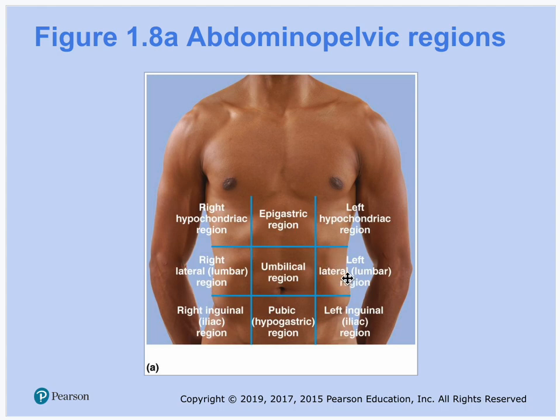Lateral means to the side, medial means to the midline. And down here we have inguinal and iliac. Inguinal refers to right along the crease between the thigh and the abdomen. So this crease right here, that's the inguinal region. You can also call it the iliac region because this is the ilium, a part of the hip bone, which we'll learn later.